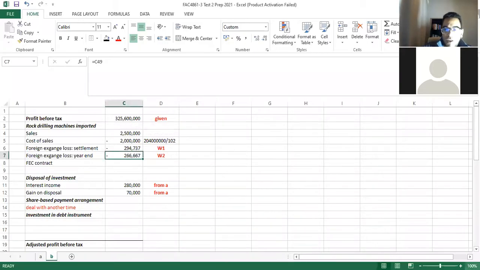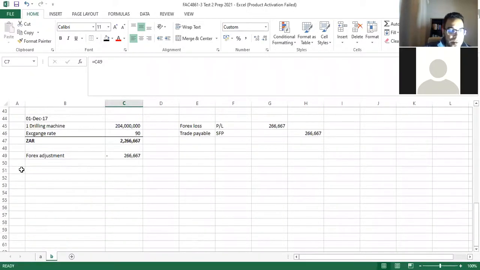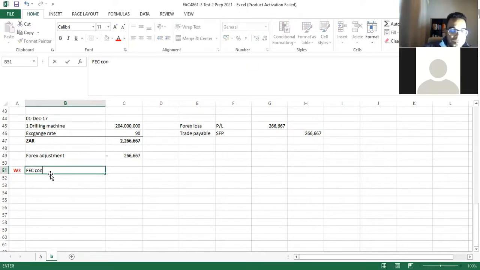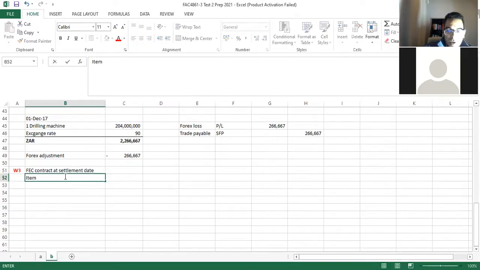So if you work out working 3, an FEC contract will be worked out as follows. We have a look at the FEC contract at settlement date. So it's the item, which is 204, only one machine, 123, 123.